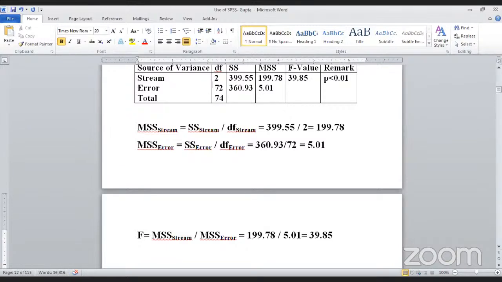You cannot do any experiment without error. And error can never be zero. There has to be some error. So this is how you have calculated this.